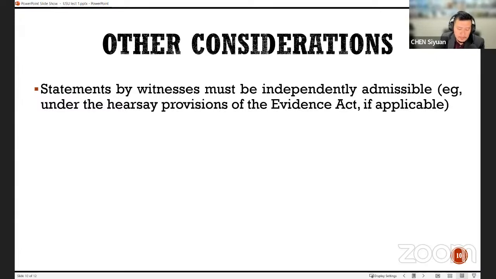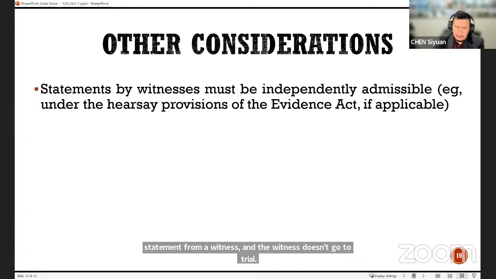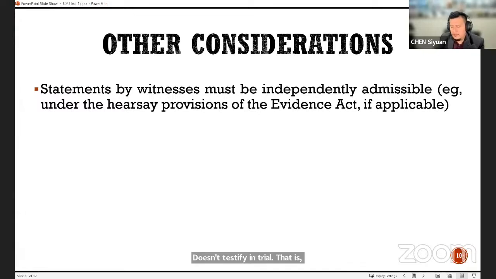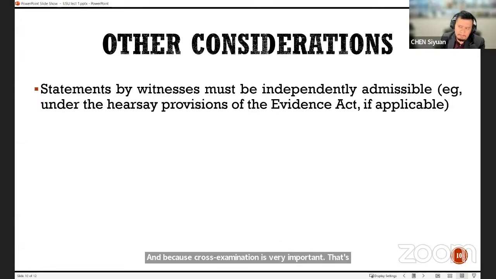Hearsay meaning that the person who originally gave the evidence cannot be cross-examined in court. And because cross-examination is very important, that's a big problem. So technically, the evidence has to be independently admissible. But there are actually cases that ignore this requirement. And to me, that's further evidence of crime control.